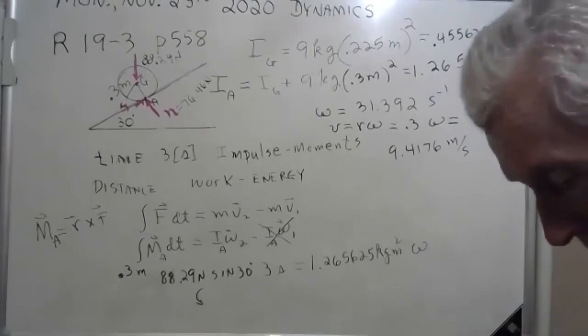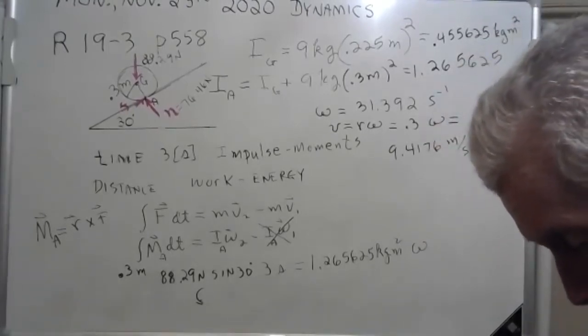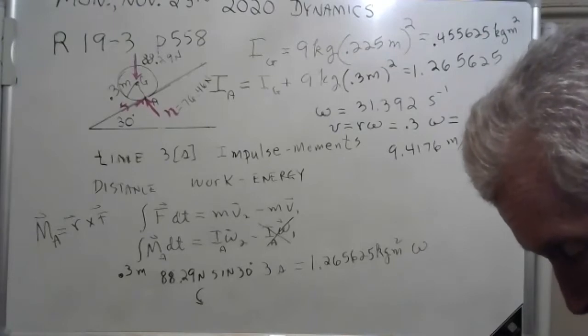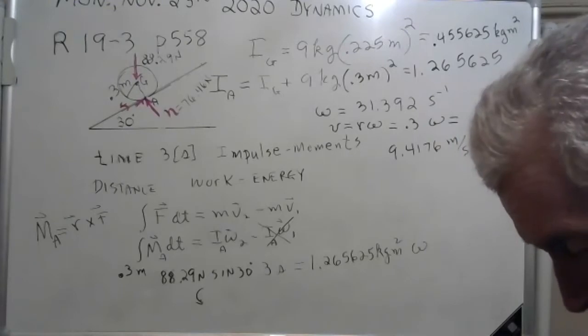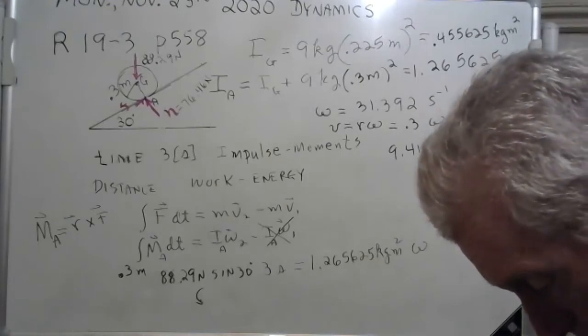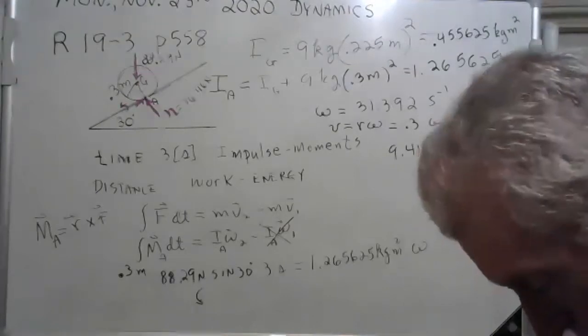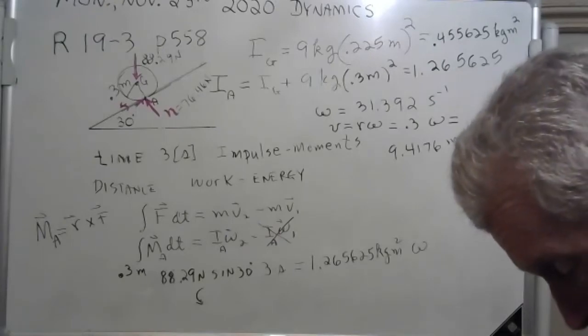Let's see what they got. This was R19.3. Somewhere in the back, they have answers to this stuff. And what they said in the back, well, they didn't get what we got. Must have done something wrong here.